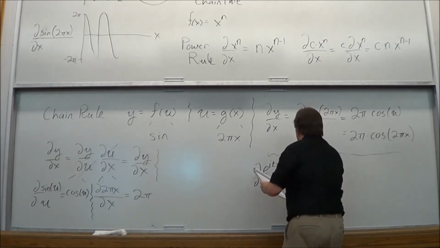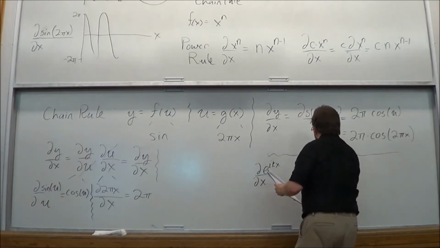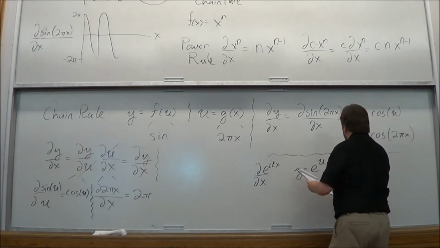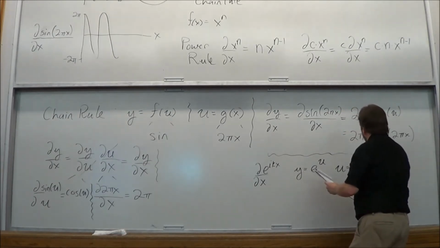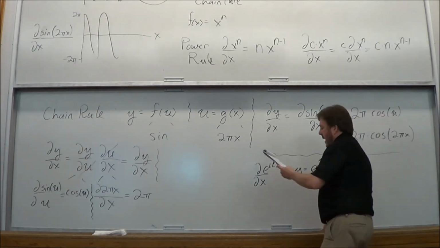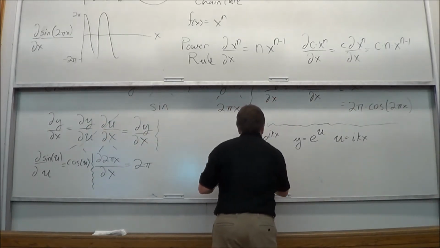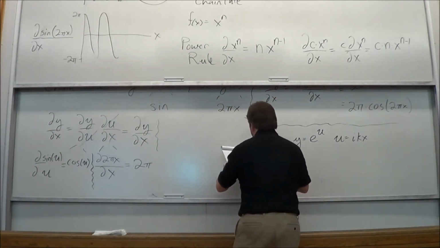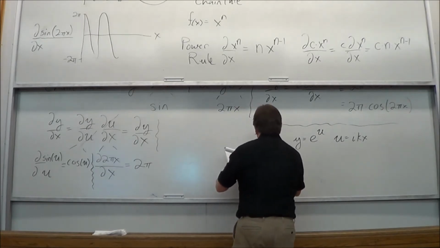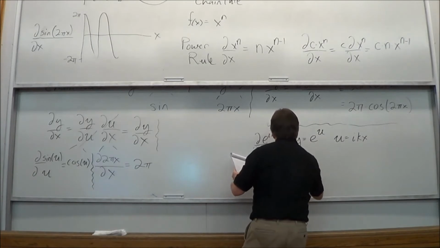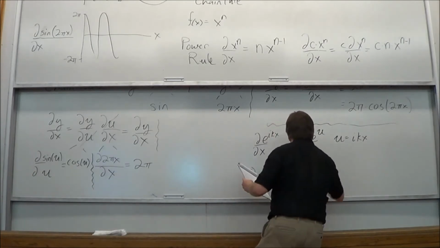And so y is e to the u, and u is i kx. Okay? Now the next thing is that the derivative is therefore dy du, du dx.